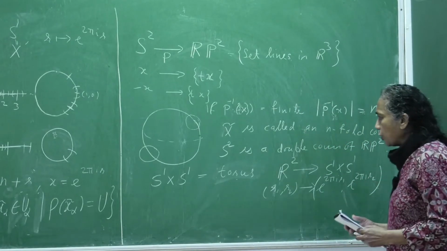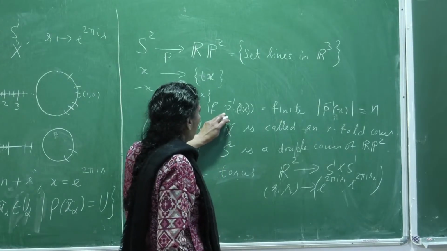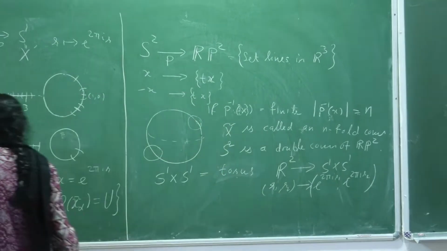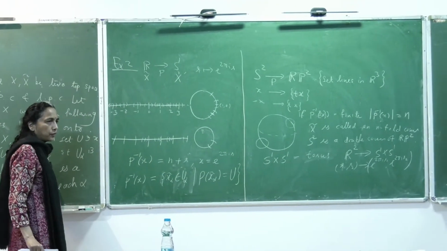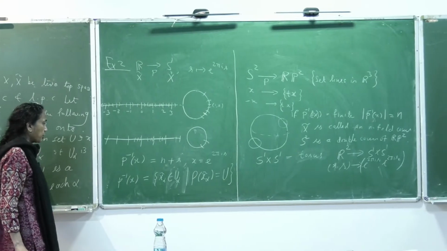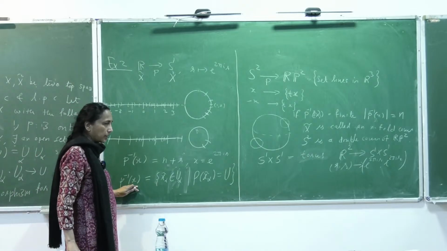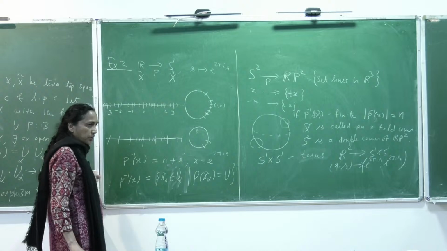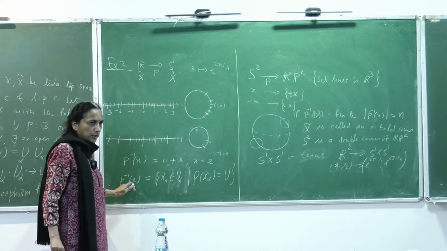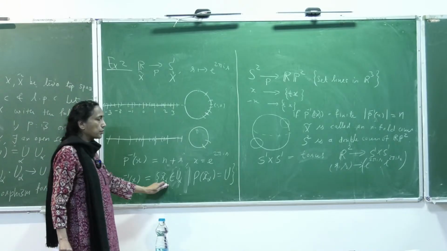elements. Now you can notice one thing: P inverse X is a subset of X tilde, but each element here is contained in a disjoint open set U alpha. So if I restrict the topology of X tilde to this P inverse X, which is a set, it becomes a discrete set, because there is an open set U alpha whose intersection with this set gives you this x alpha.